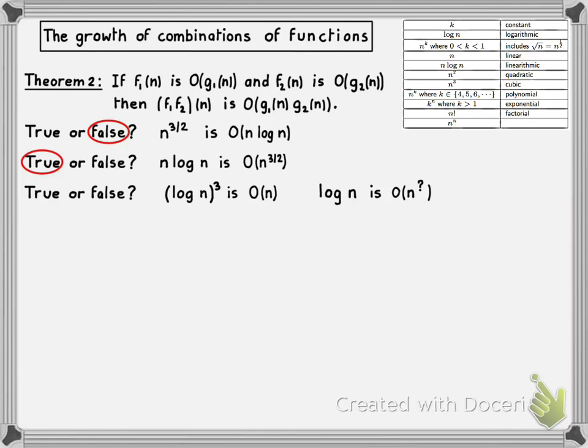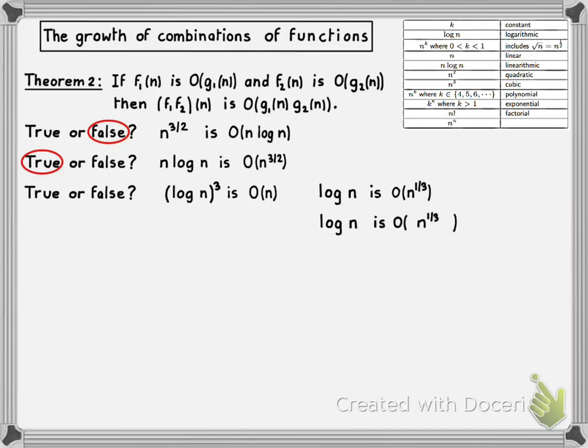So let's pick this big O relationship as a direct consequence of this table as our starting point. Let's rewrite it here, and now let's use theorem 2, where f1 is this function, g1 is this function, and then f2 is this function again, and g2 is again this function.